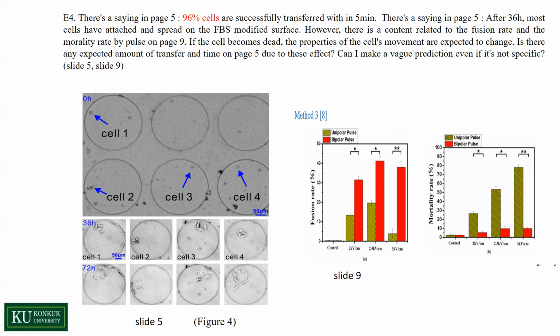So how can I describe the higher fusion rate and mortality rate? Now I am clear on the things: in the left figure, there is a cell culture of different time periods. After the fusion, the cells are transferred to the upper portion, the cell culture medium of the device.